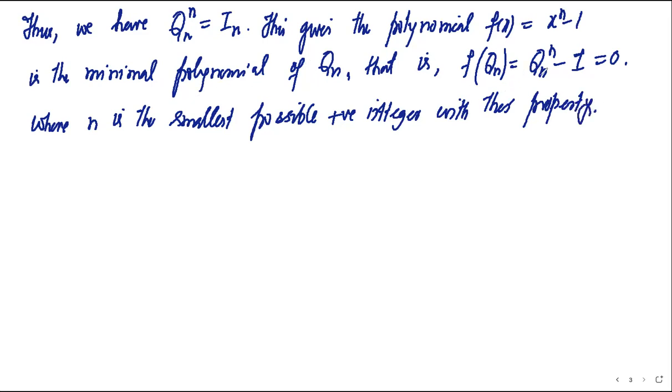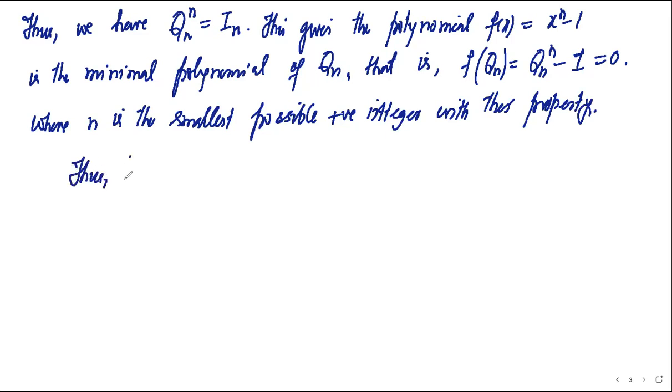So we have obtained the minimal polynomial of this matrix Qn, but now since Qn is a matrix of order n, and since its minimal polynomial is a polynomial of degree n, this clearly means that the characteristic polynomial of Qn is equal to x power n minus 1.